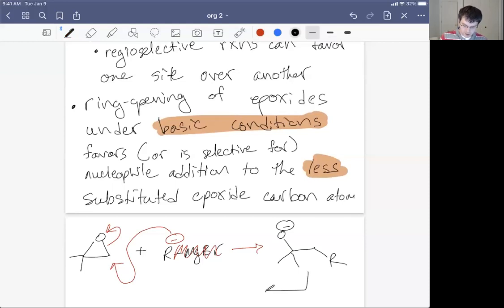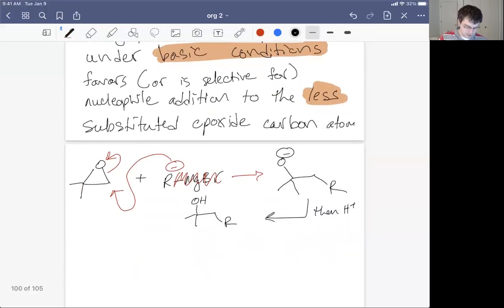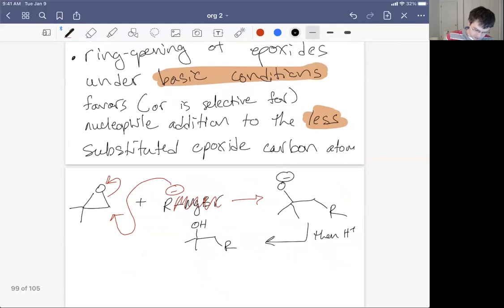We follow that up with H plus, and we get to this product. So we could have some parallelism here for the acidic conditions.